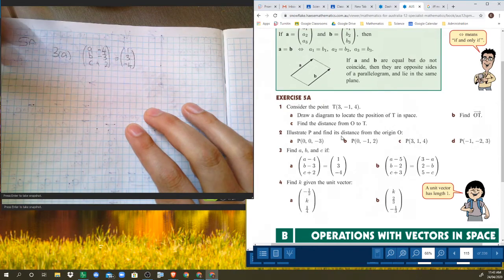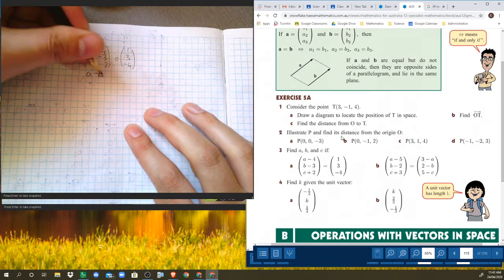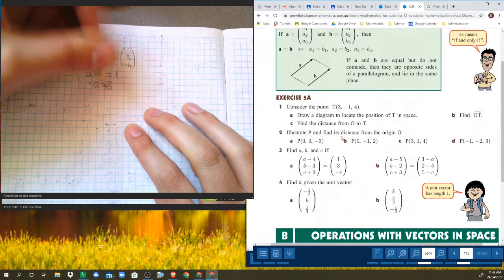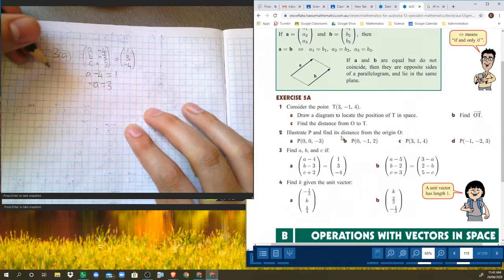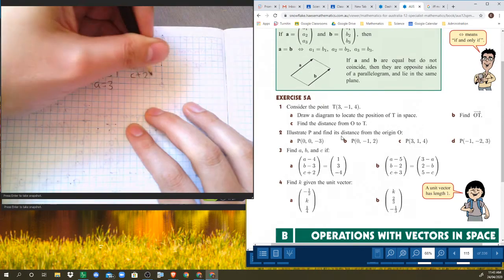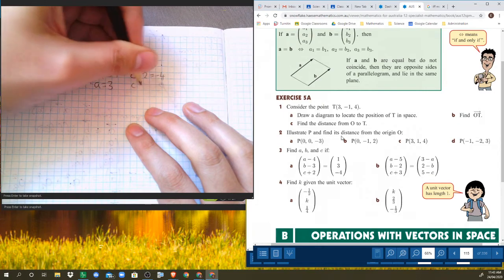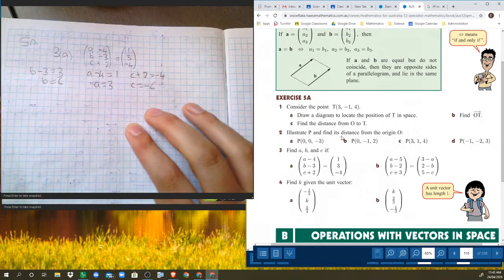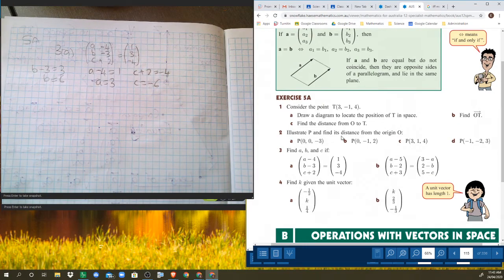So if I do that, well then A minus 4 must equal 1, and then A equals 3. 3B minus 3 equals 3, B equals 6. C plus 2 equals negative 4, C equals negative 6. There you go, now you know all those points.